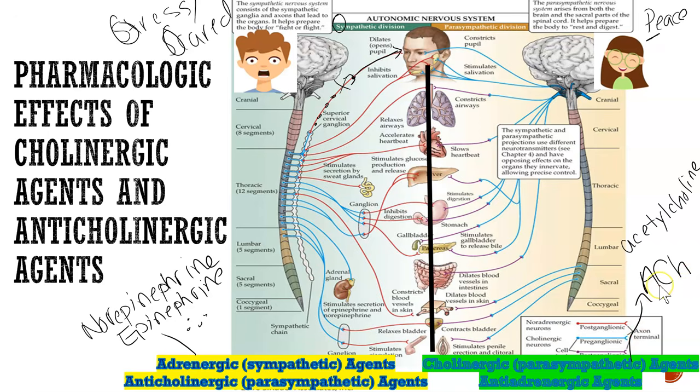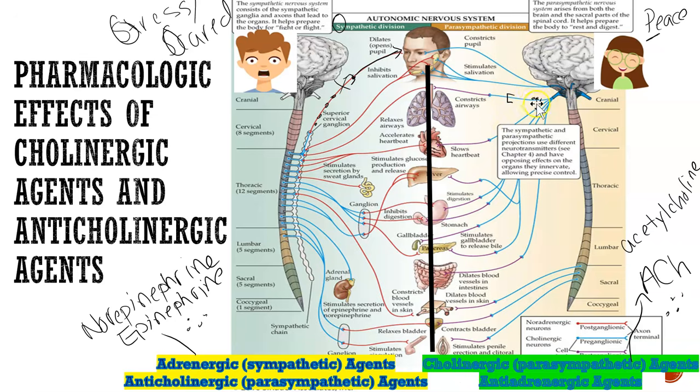Imagine, if you will, dots. So again, the brain sends a signal, and dots get released. These dots are the neurotransmitters called acetylcholine. They bind to a receptor, and let's call this receptor a cholinergic receptor.